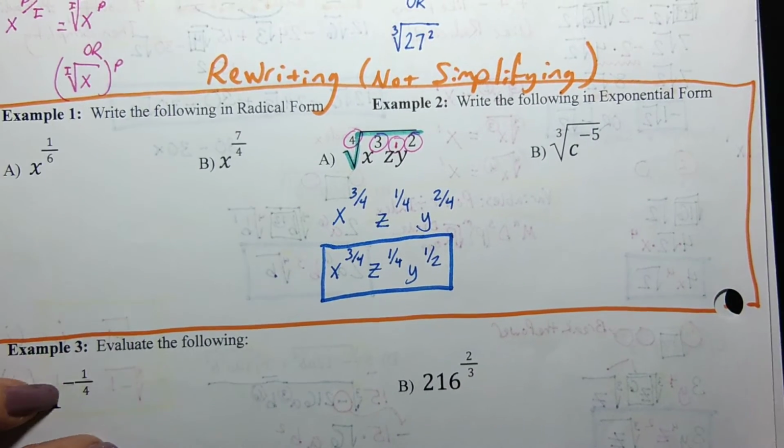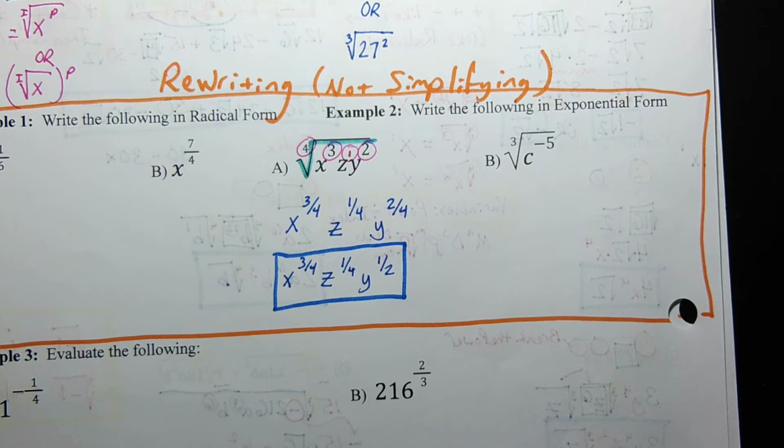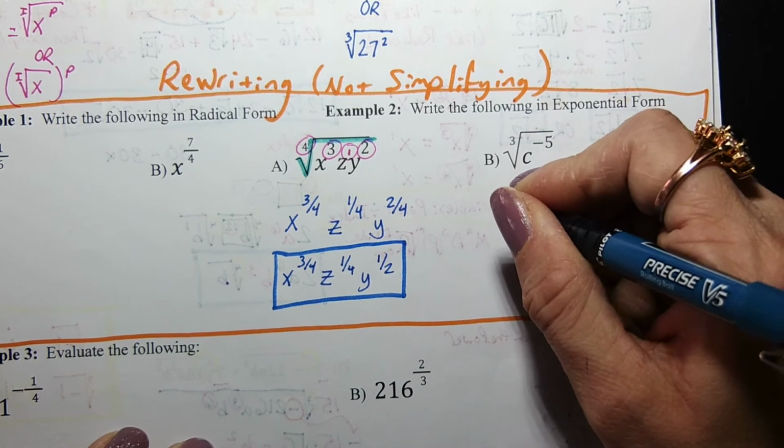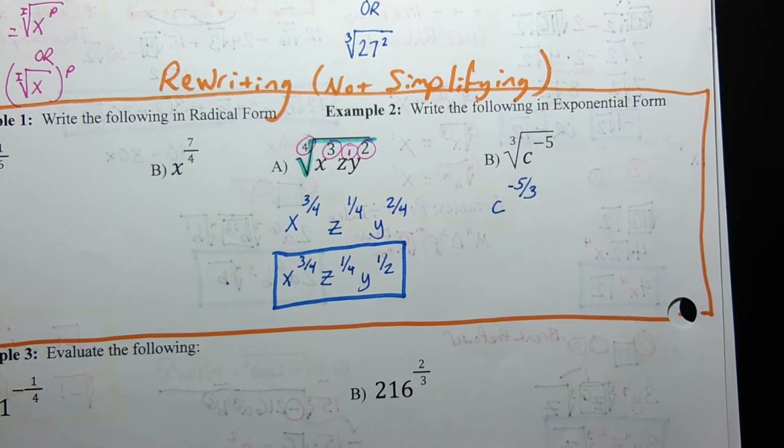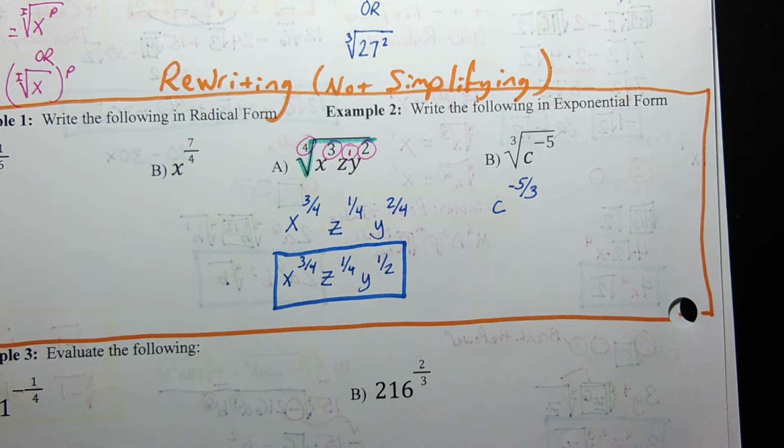Now, what about b? If I take power divided by index, we get c to the negative 5/3. Going back to Unit 5, what do you guys remember about those negative powers or those bad attitudes? Are we going to leave it with a bad attitude?